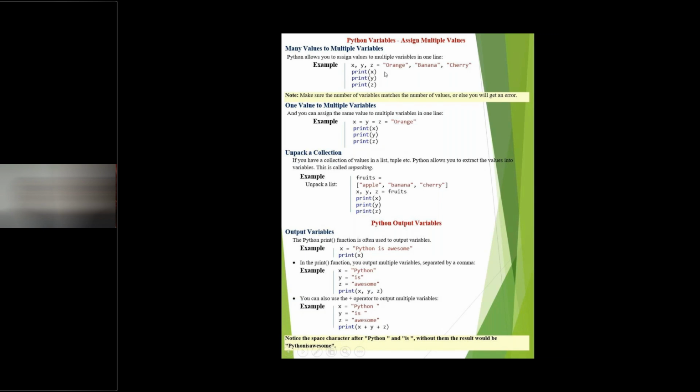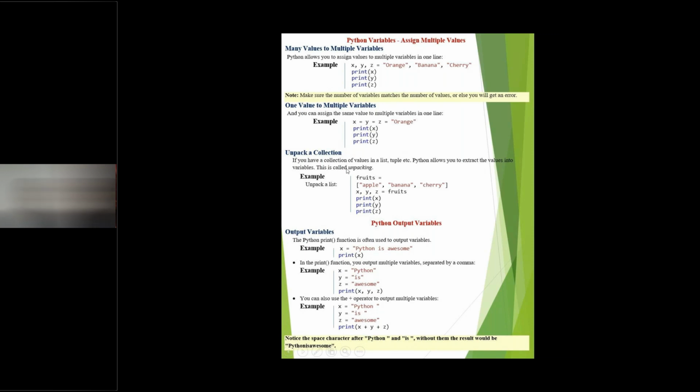X contains the first value, orange, y contains banana, and z contains cherry. Likewise, the other type is you can also assign a single value to multiple variables in a single line, that is x is equal to y is equal to z is equal to orange. Now all these x, y, z contain the same value, orange.